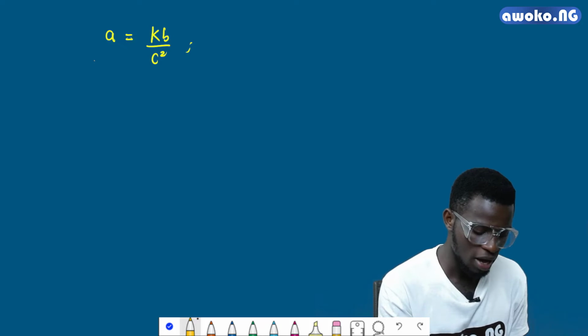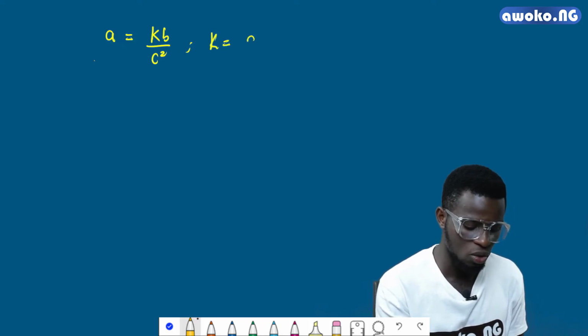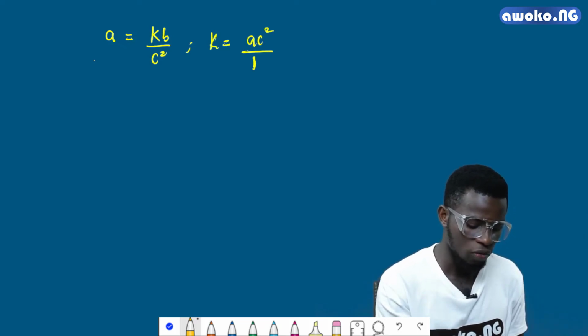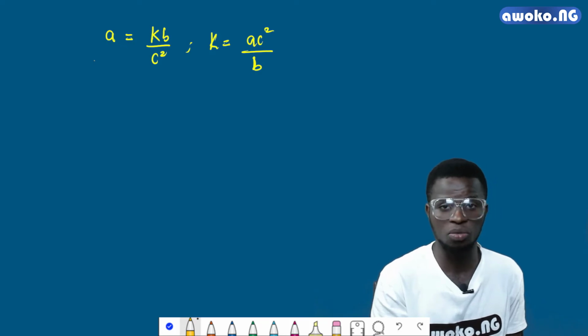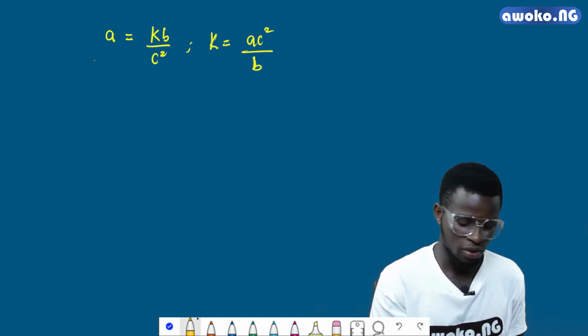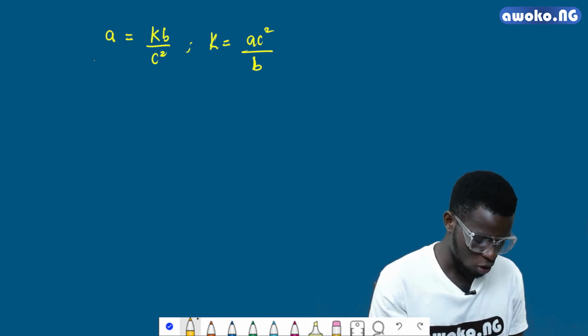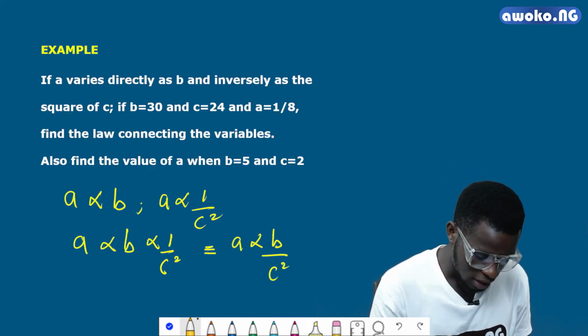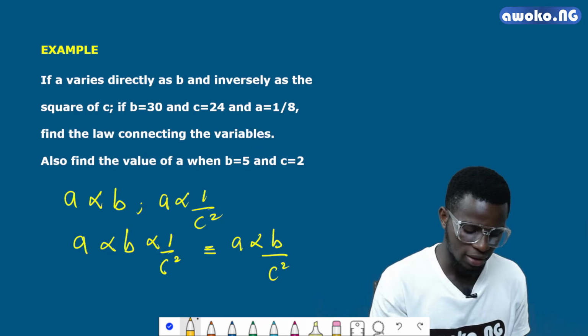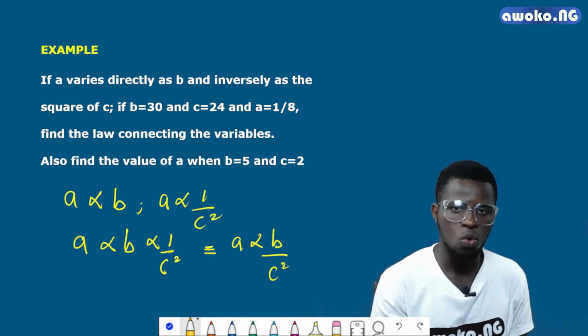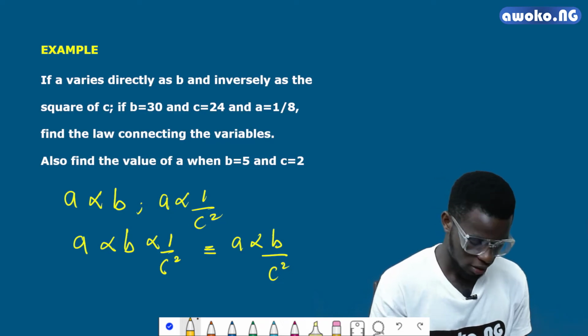So from here, we can say that K is equal to AC squared all over B. We just made K the subject of the formula. Now, we're told from the question that if B equals 30 and C equals 24, then A is equal to 1 over 8.